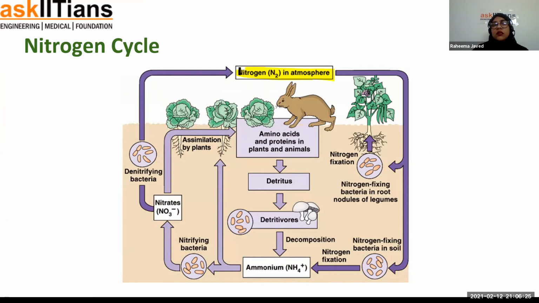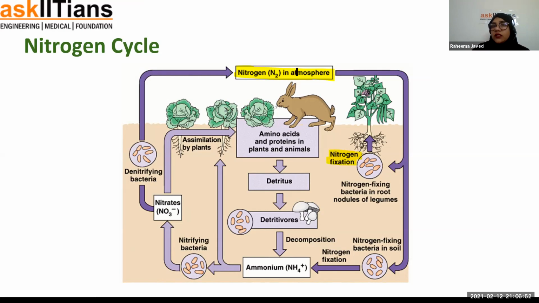This form of nitrogen is not useful to the plants. Plants cannot use the molecular form of nitrogen from the atmosphere directly. It has to be converted into some simple absorbable form to be used up by the plants, and that process is known as nitrogen fixation.